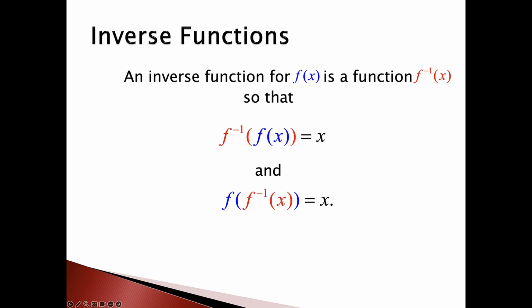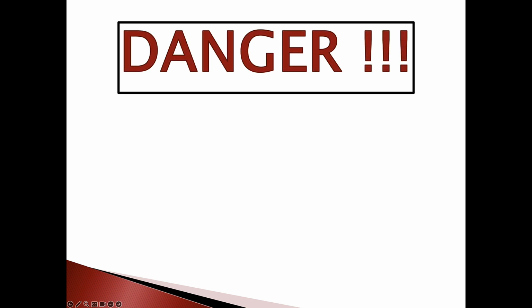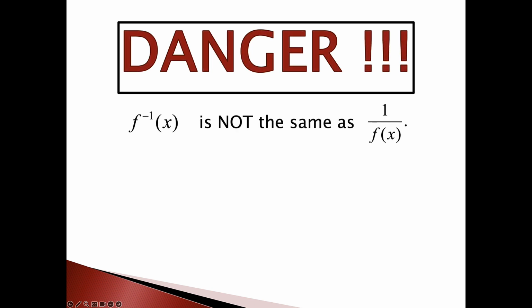Now, the notation is a little bit confusing sometimes here, because notice that what we use for a function, say f, is just f, but we write the inverse function as f with a little -1 superscript. And there's a little bit of danger here, because we use the little -1 to mean something else in math.